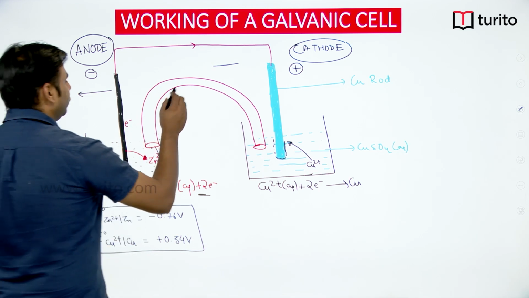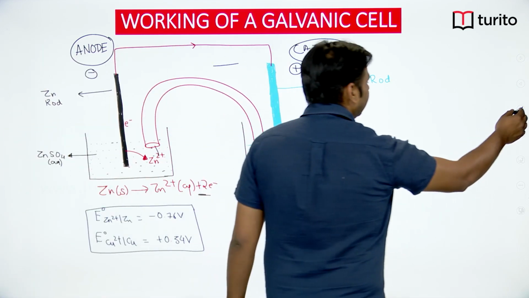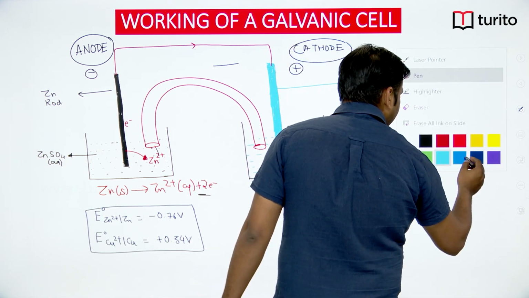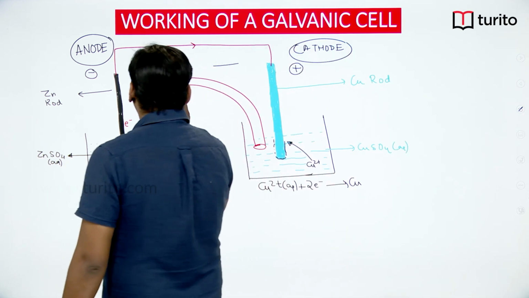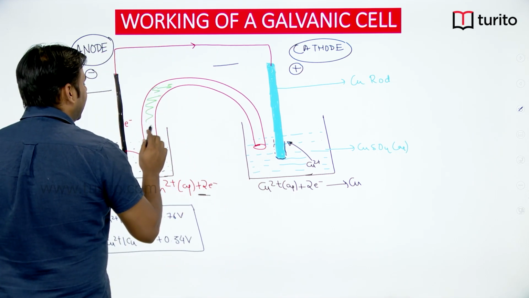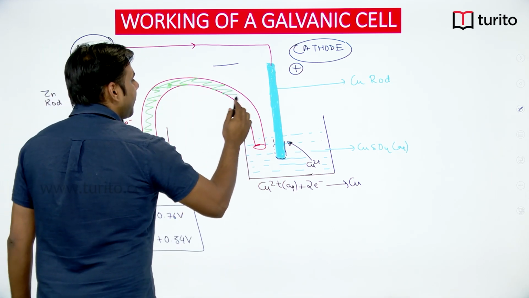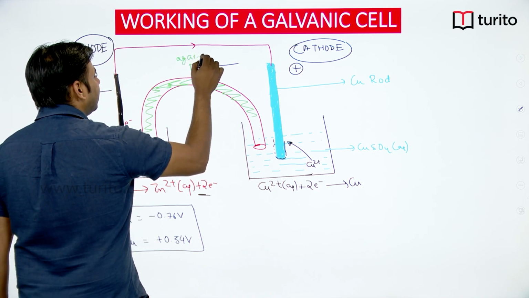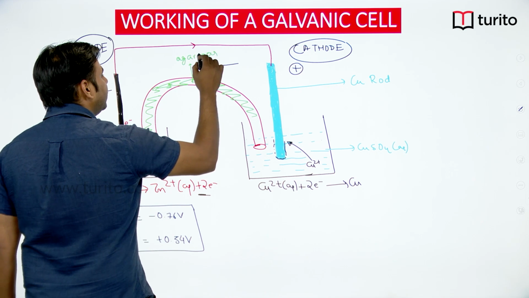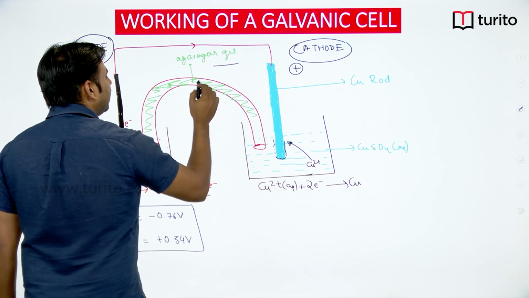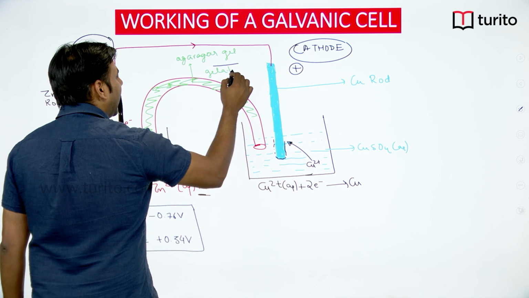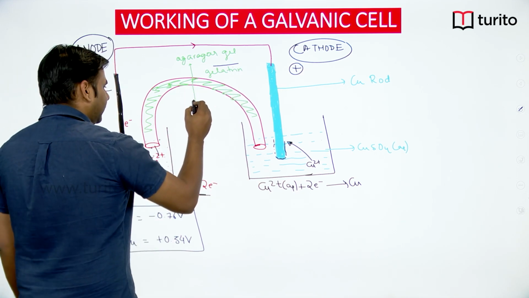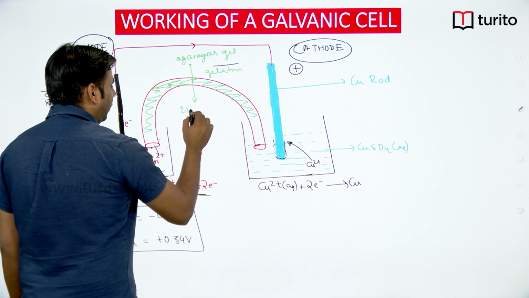It is U shaped and contains some gel, agar gel or gelatin, and it has some suspended electrolyte.